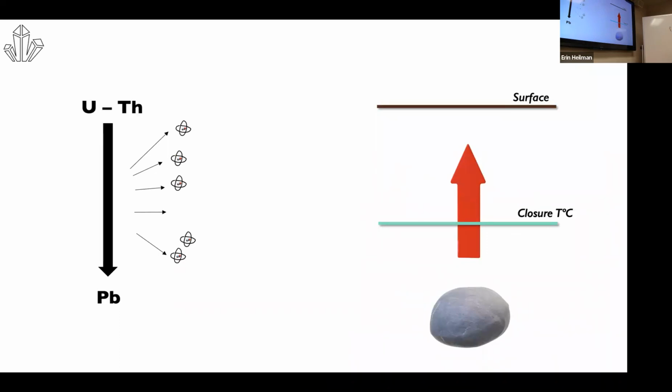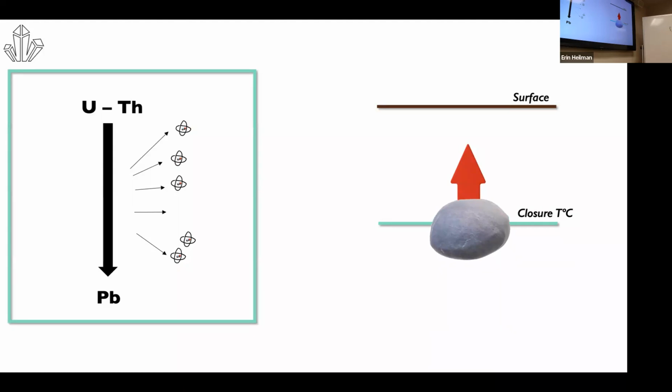So this is really what's useful in our technique. A closure temperature is basically when that system starts to retain those helium atoms. If it doesn't retain them, they're just going to go off into the abyss. Once the rock reaches the closure temperature, they're going to be retained. The clock starts. So the rock rises and reaches the closure temperature.